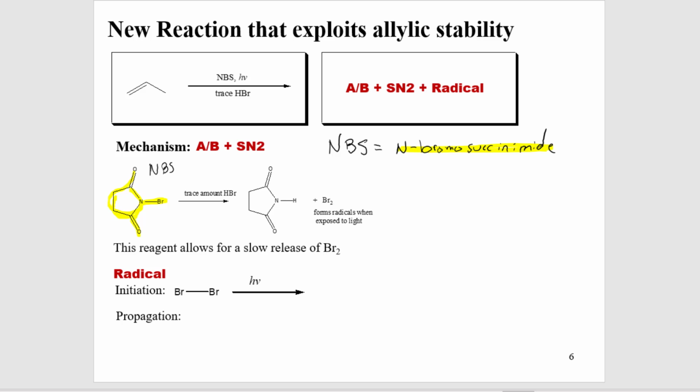It actually comes in the bottle with a trace amount of HBr. You don't usually even need to add any yourself. There's just a slight amount of HBr in the bottle when you buy it typically.